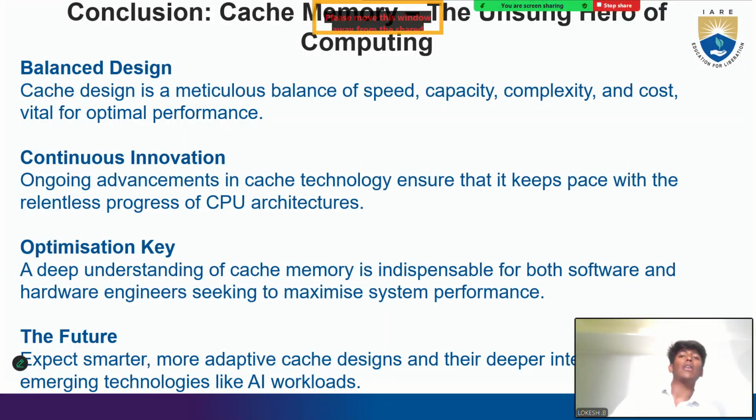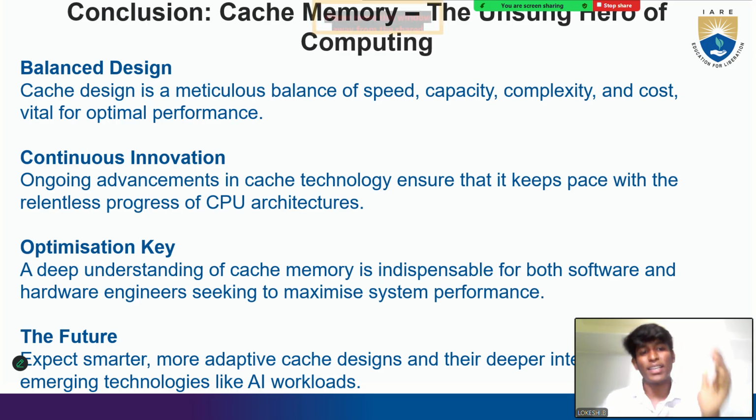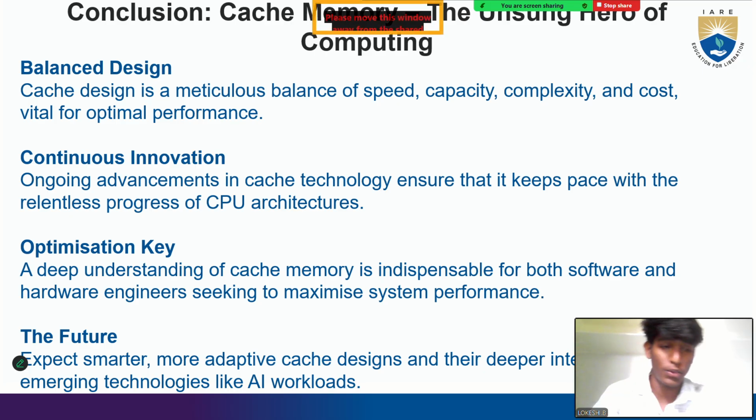And here comes the conclusion: cache memory, the hero of computing. The phrase hero of computing defines the importance of cache memory. Balanced design, continuous innovation, and optimization are key. Cache design is a meticulous balance of speed, capacity, complexity, and cost, vital for optimal performance and continuous innovation.